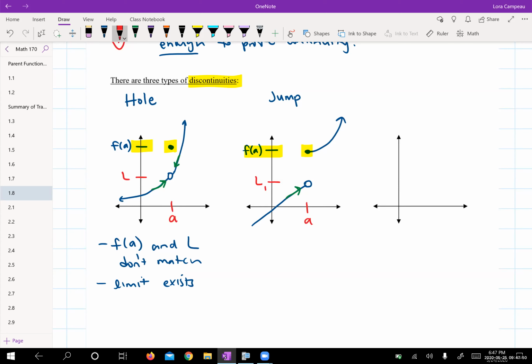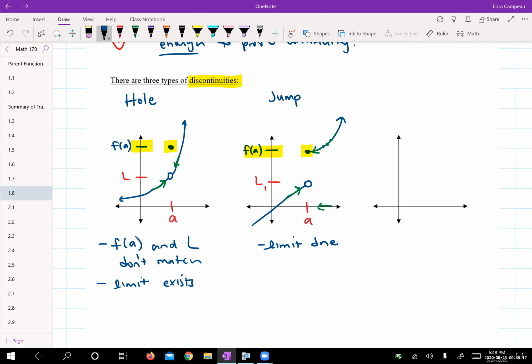But the issue is the limit from the right-hand side. If you're approaching from the right-hand side, looking at what your y values are doing, they are not approaching L1, they're approaching the function evaluated at a. And so when the limit on the left does not match the limit on the right, at this point we have a limit that does not exist.